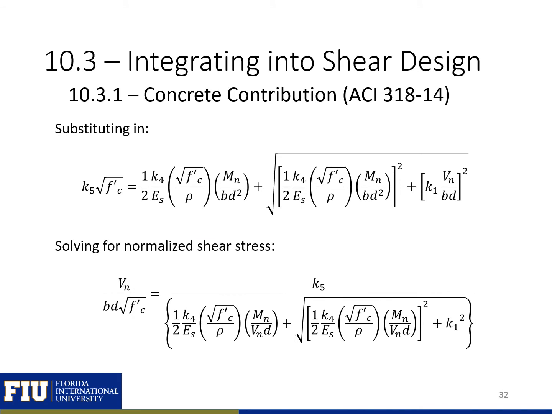We can substitute all those variables from the previous slide into our maximum stress expression from 2 slides ago, and we'll get this expression here. And then we can solve for Vn over bd times square root of f'c, and we'll have this expression here.